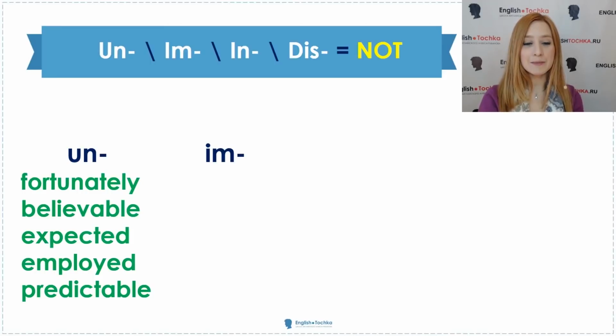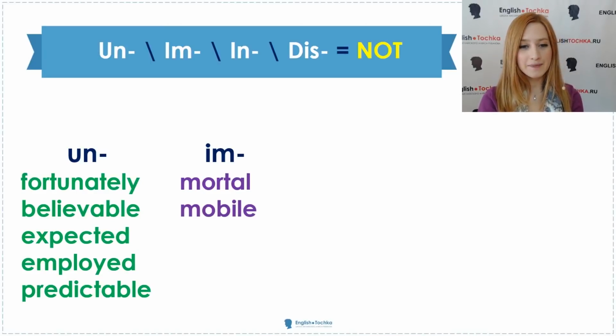Next one is im. Let's notice which letters will go after im. So mortal are those people, or things or animals, those who can die. And immortal are those who can't die. So gods are immortal. See, that's M in the beginning.